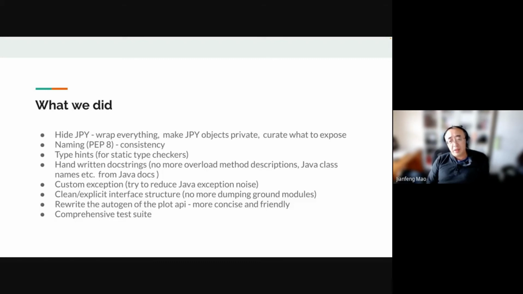It used to be that we sometimes had 80 overloads, and we basically condensed them into just one function with enough parameters and enough type hints, so that we can achieve the functionality of the old API, but it's much more Pythonic, much more concise, and friendlier to use.